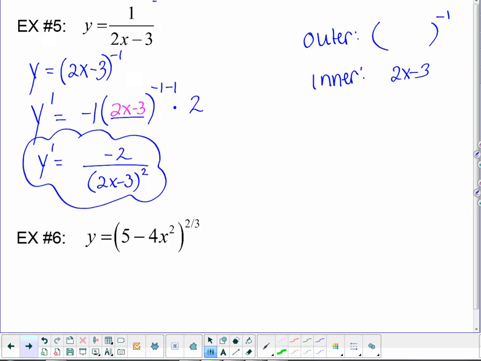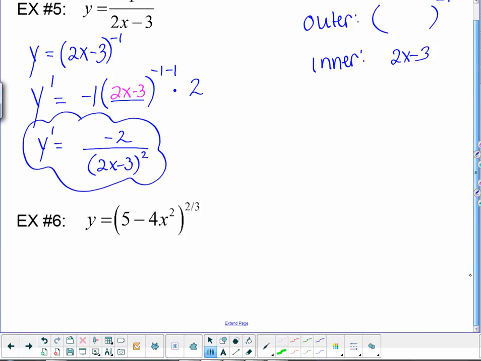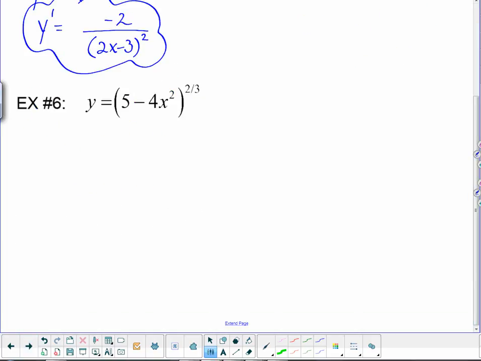Number 6. Can you pick out the outer function? Outer function is something raised to the 2/3. The inner function is 5 minus 4x squared. Where do you start?